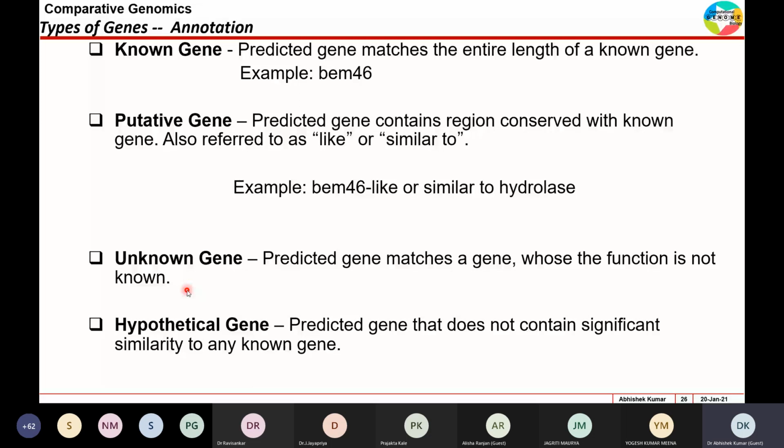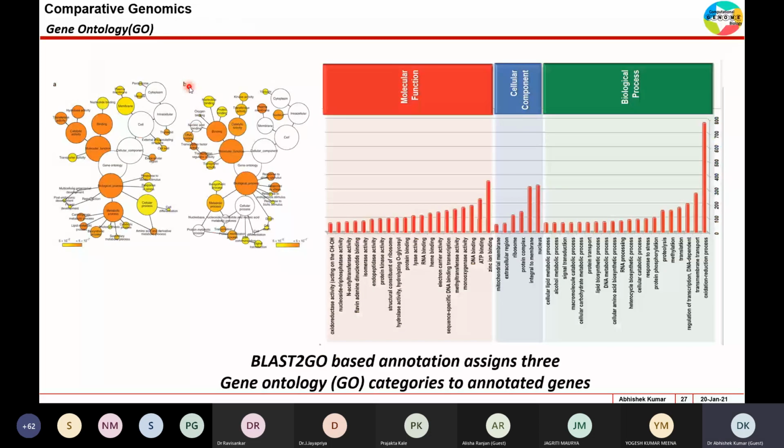If we are getting 30 to 40% unknown or unannotated, the database already has 20 to 40% unknown genes. So you will get hits to them, and then the annotation will not be perfect.